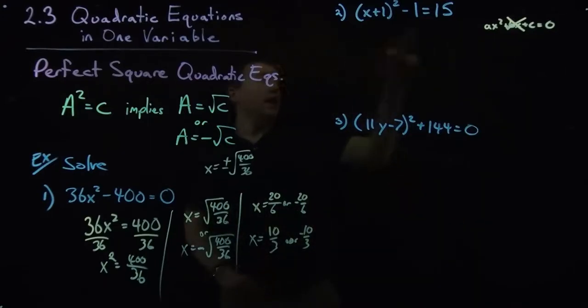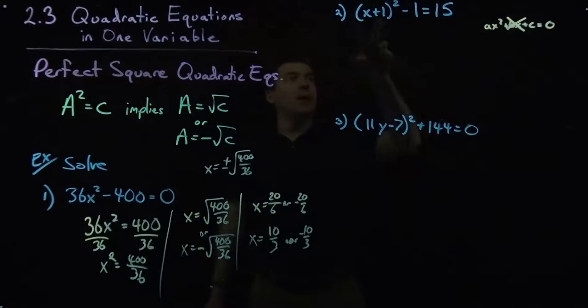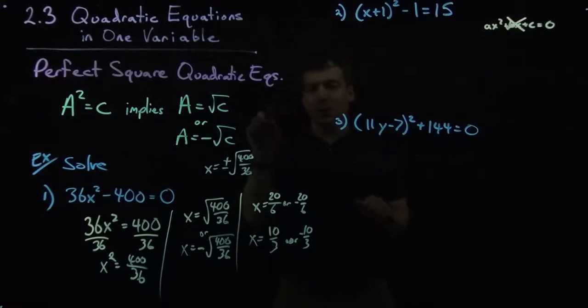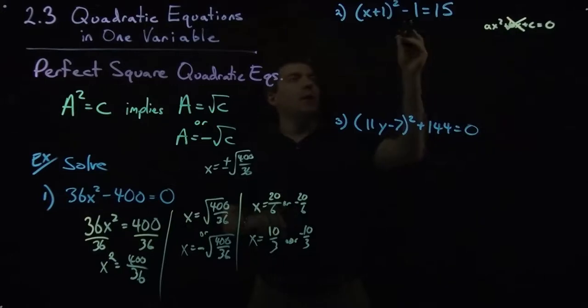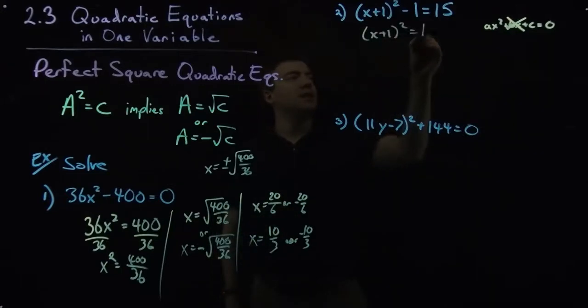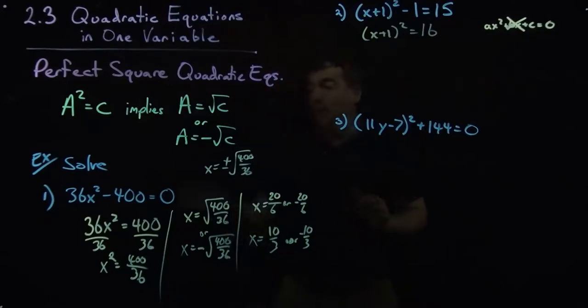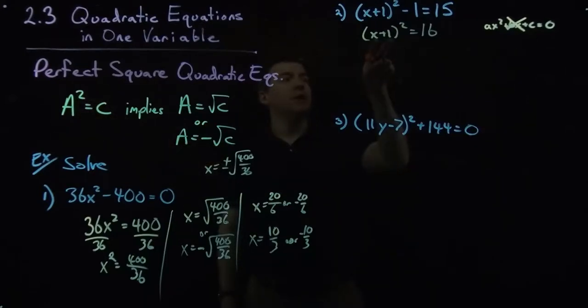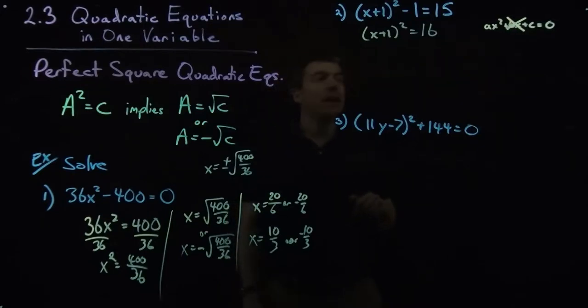Okay, let's look at the next example. So here we have x plus 1 squared minus 1 equals 15. And we'd like to get the algebraic expression squared equal to the constant, right, in this case. So we'll just add the 1. So x plus 1 squared equals 16. Right, and now we have exactly this situation. We have an algebraic expression, x plus 1 squared, equal to some number.